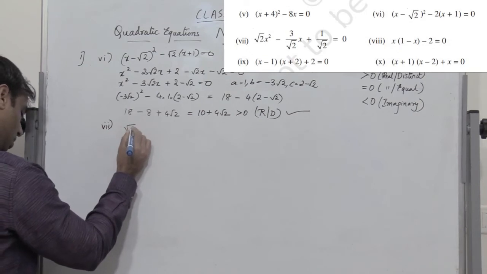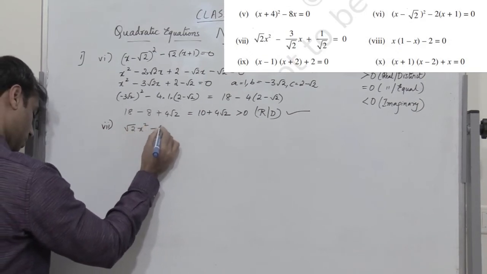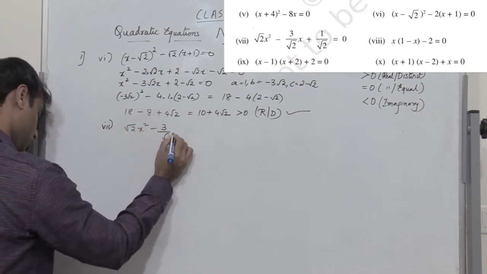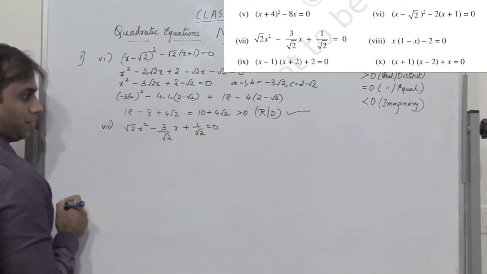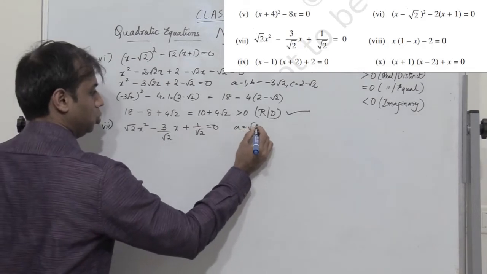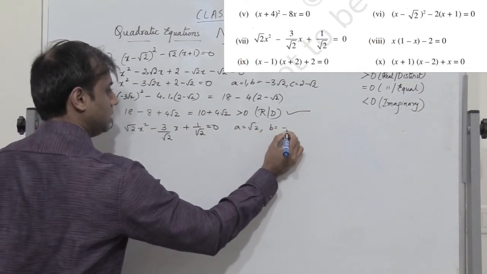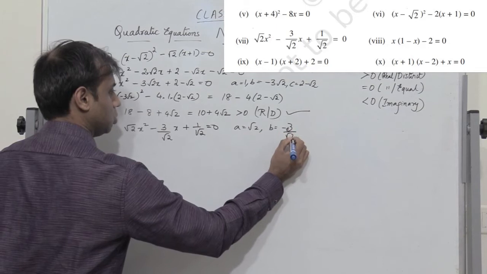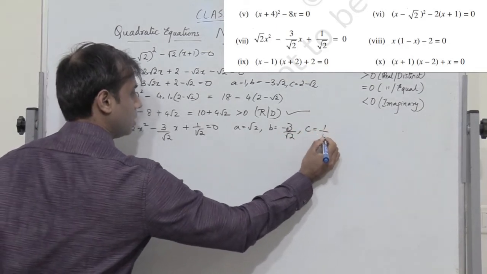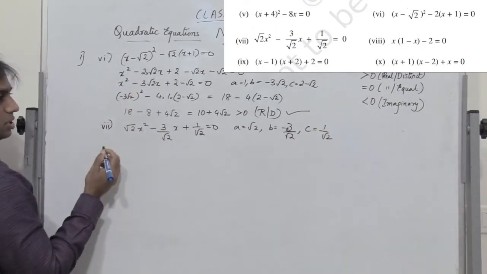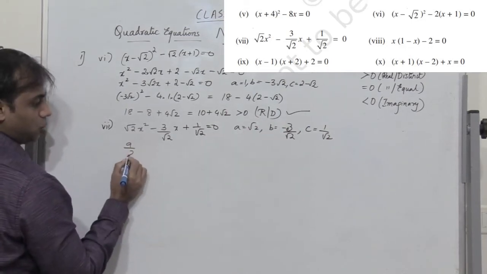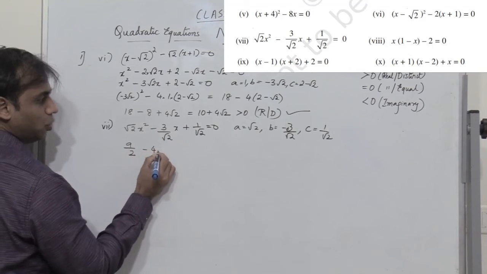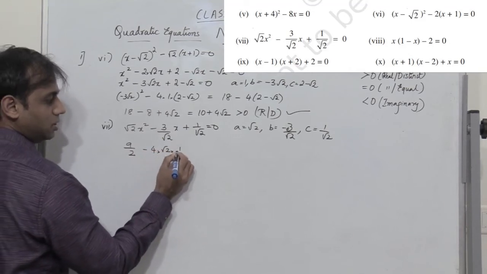Seventh one, root 2x square minus 3 by root 2x plus 1 by root 2 equals 0. So again a is root 2, b is minus 3 by root 2 and c equals 1 by root 2. b square minus 4ac, so b square is 9 by 2 minus 4 into a into c.